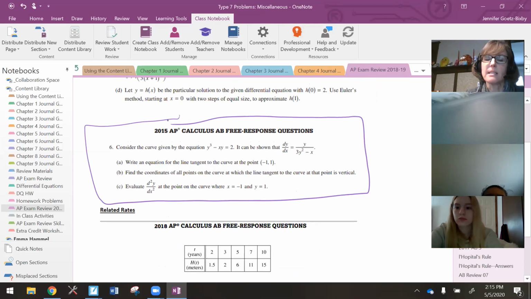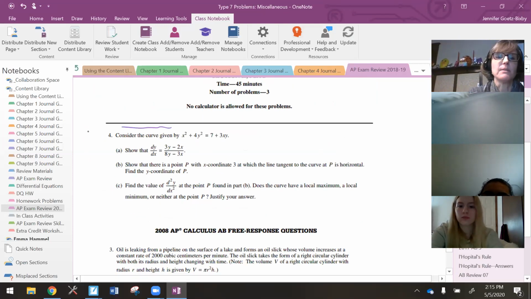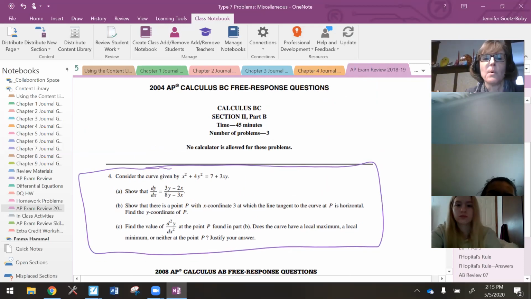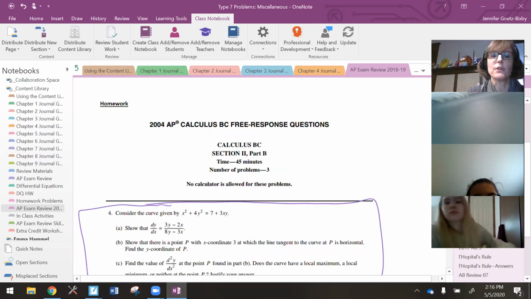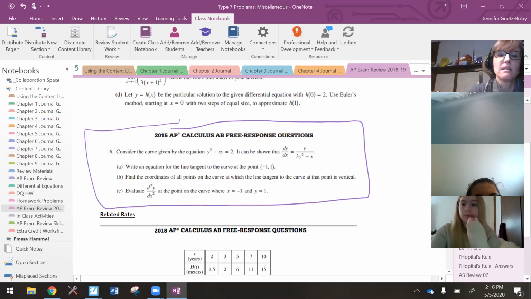Okay, so it's the next thing in your notebook. And then do the homework problem down here, and I believe that is 2004, that is related to implicit differentiation. So as soon as we're done here, I will update the portal, but it's 2004 number 4, kind of the first homework problem there, but it's also the second in-class problem.